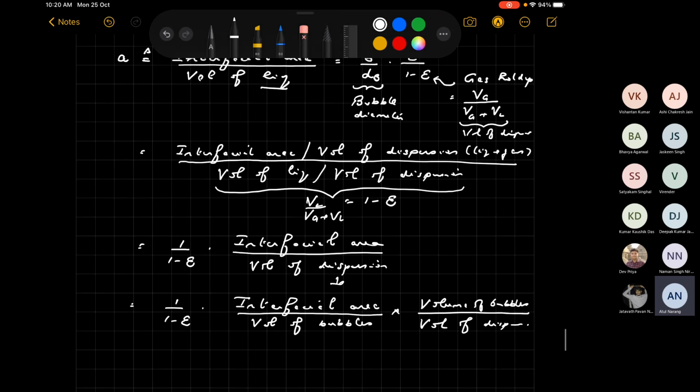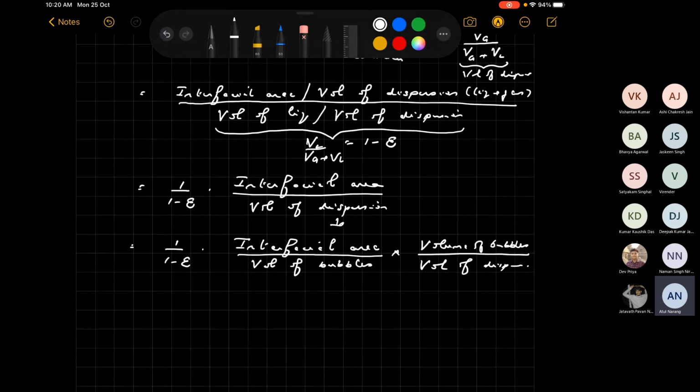So this is interfacial area, or if you don't like the word bubbles, you can write this as gas phase, and this as gas phase. Now, what is this quantity over here? Volume of gas phase per unit volume of dispersion. So epsilon. So this is epsilon.